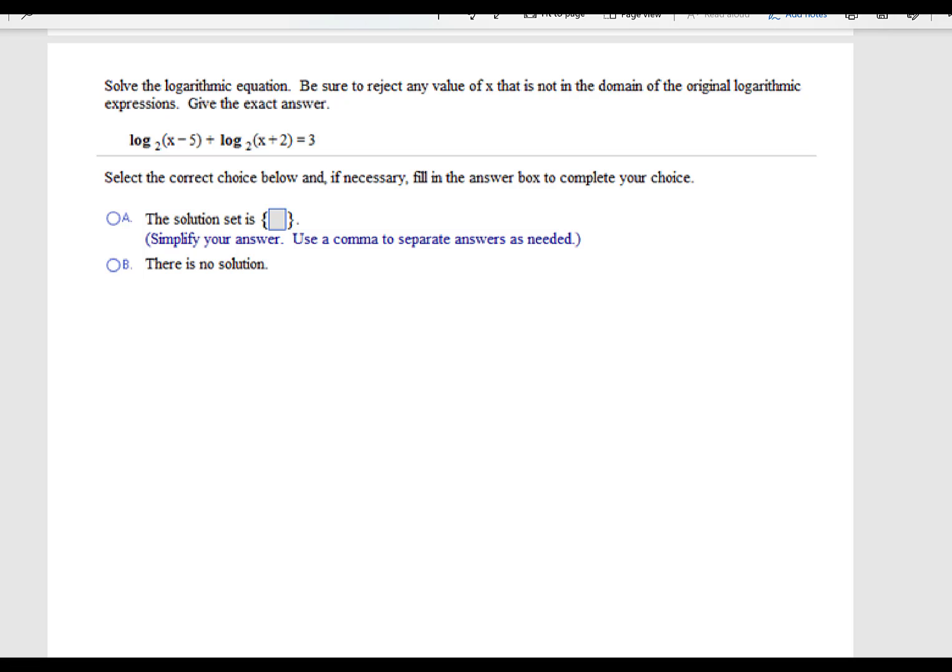Same approach on this problem. We see that we have 2 separate logs, and in order for us to approach it the same way that we've been approaching it, we would have to condense this to 1 log. So I'm going to write this a little bit bigger here. The reason that I'm able to condense these logarithms is because they have the same base.